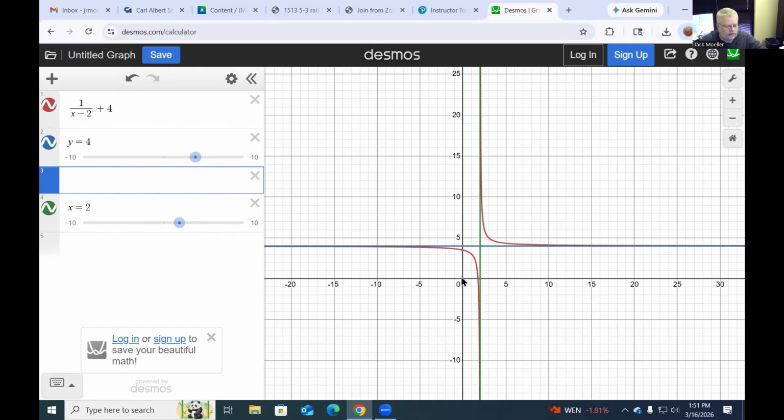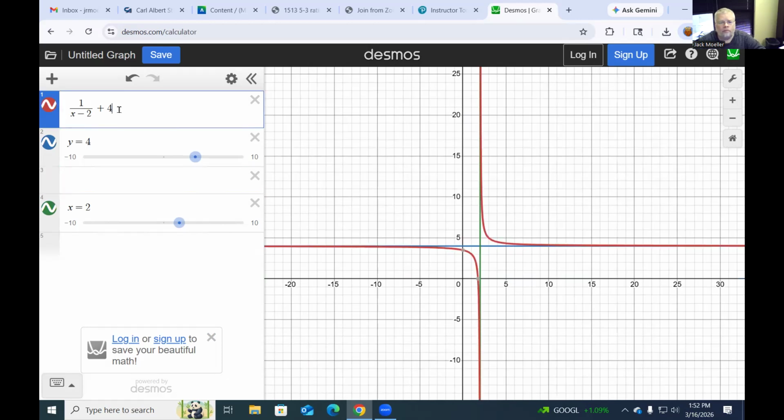Instead of tracking a vertex like we did with the parabola, I'm going to track where the horizontal and vertical asymptotes are, like where the center of those is. This moved right 2, up 4: right 2 with the vertical asymptote, up 4 with the horizontal asymptote. That's why I've said the asymptotes are sort of the key feature of these graphs.